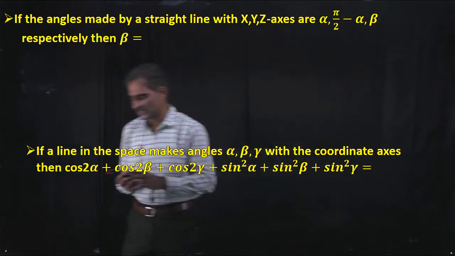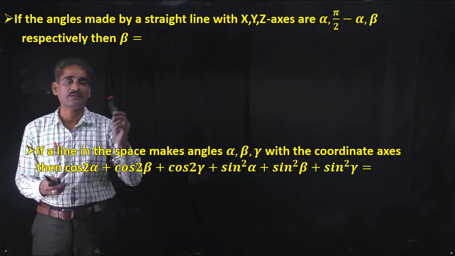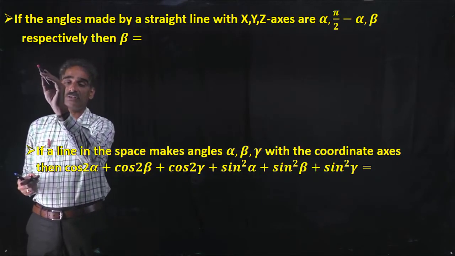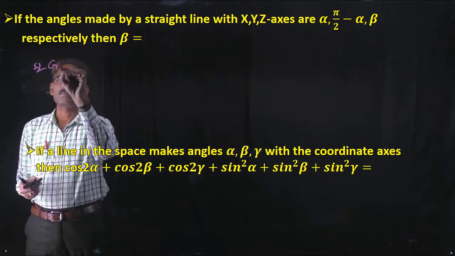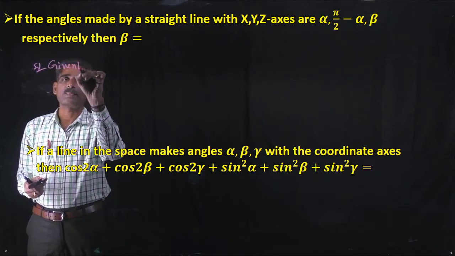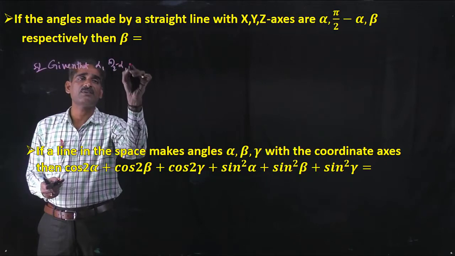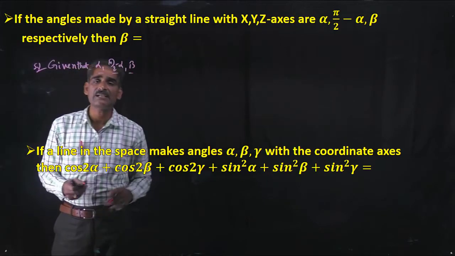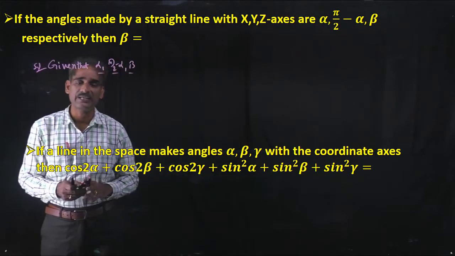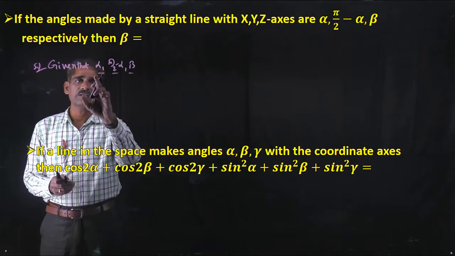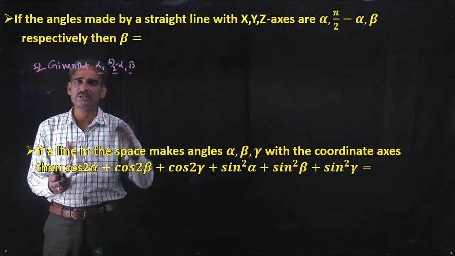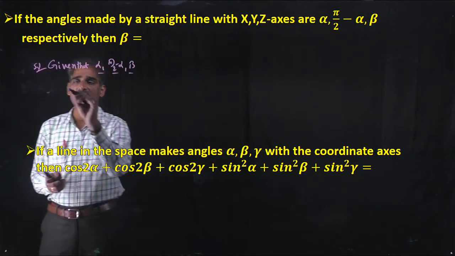Here we are given that the angles made by this line are alpha, 90 minus alpha, beta.